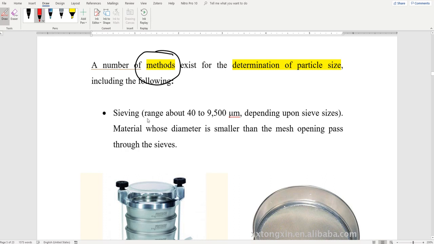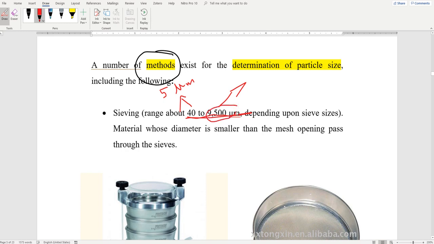Now, in pharmaceutical preparation, usually we use sieves to measure particle sizes ranging from 40 micrometers to 9,500 micrometers. That does not mean you don't have sieves that are less than 40 micrometers. Actually, we have some sieves that are 5 micrometers. It also doesn't mean that you don't have sieves that are larger than 9,500, which is approximately 1 cm.